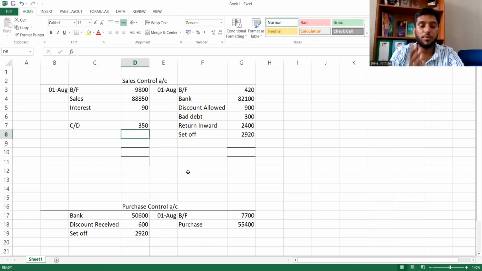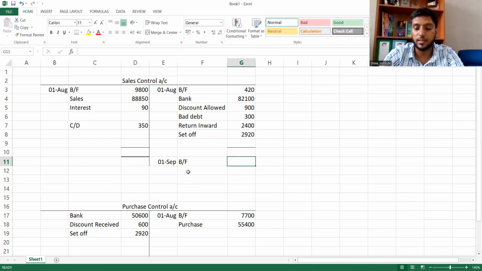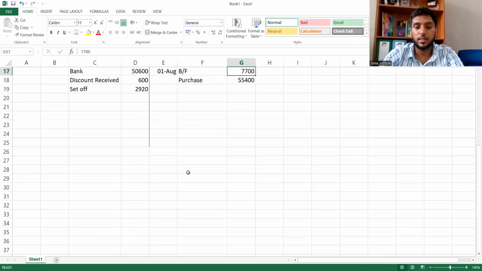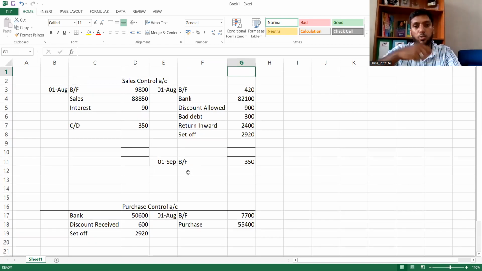Now, why did I take 350 on the debit side? Because they are saying that in the month of August, the credit side balance at the beginning of the month will be 350. So if you want to bring the balance brought forward on the credit side, you need to bring that balance from the debit side. That's simple. So I brought this carry down on the debit side to the credit side.